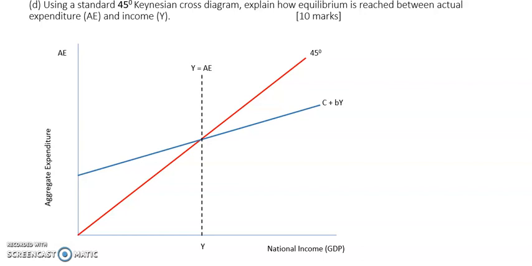So we have the 45-degree line, which is that red line, and we have the expenditure line, which is C plus bY, right? Autonomous consumption plus induced consumption. And then we're showing that where these two lines meet is considered to be the full employment line, right? Where national income is equal to aggregate expenditure.